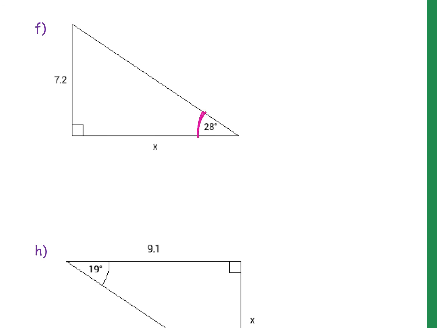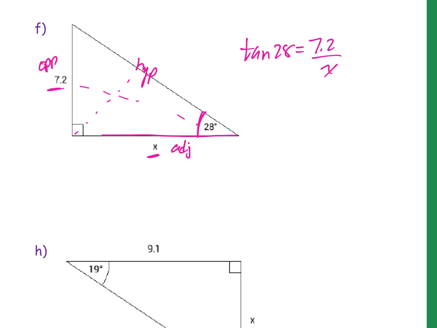Oh, here's my angle. Here's my side hypotenuse. He didn't even think about, oh, I spelled hypotenuse wrong. HYP. Here's my side opposite. And here's my adjacent side. So I have tangent of 28 equals 7.2 over x.